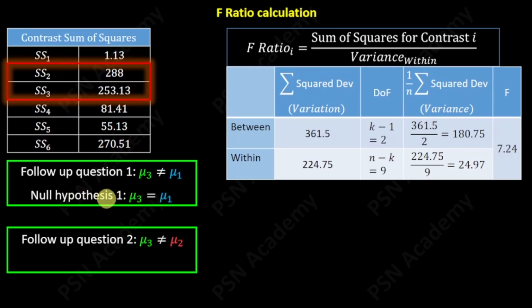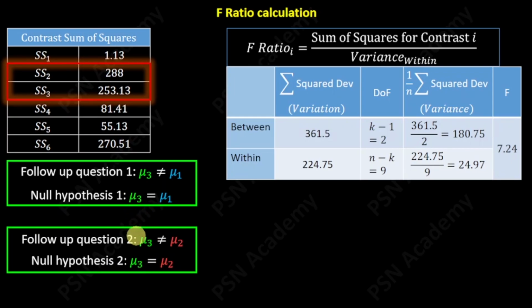Now the null hypothesis for follow-up question 1 is mu3 equal to mu1, because we know that the null hypothesis doesn't care about any kind of effect. It always tries to remain in a neutral position, right? So it says that mu3 is equal to mu1. And for follow-up question 2, the null hypothesis will be mu3 is equal to mu2.